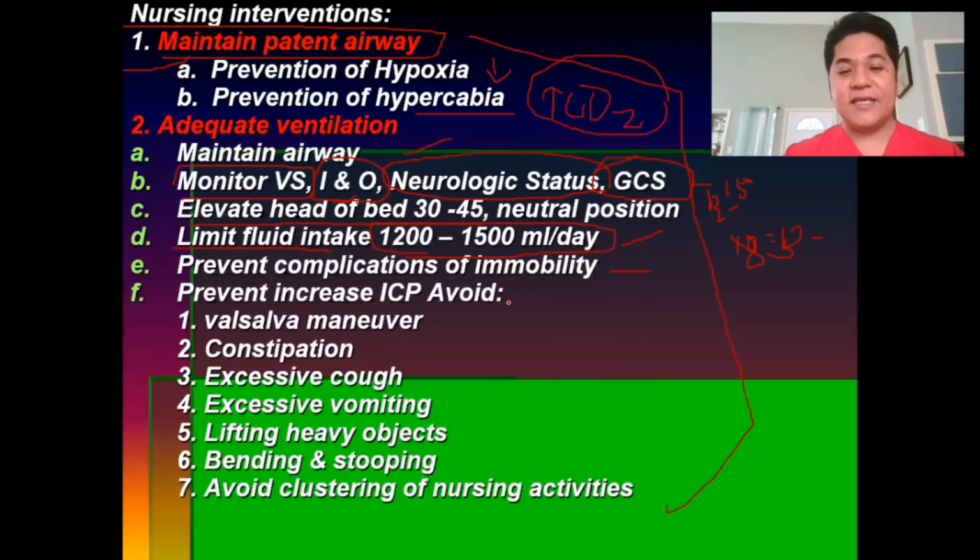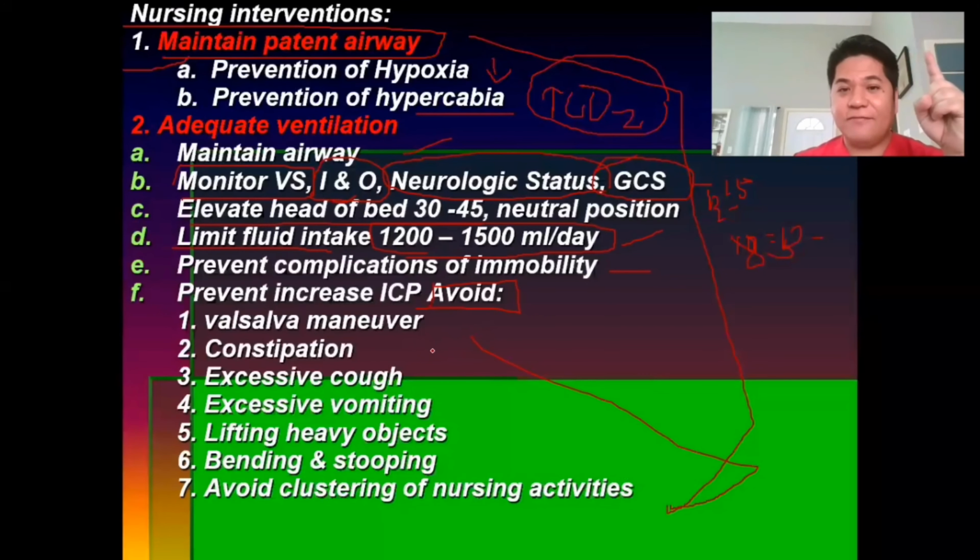Prevent increased ICP, avoid the following activities, okay? Remember, this is also commonly asked. Avoid Valsalva maneuver because it will create more pressure. Avoid constipation because you would have Valsalva maneuver as well, increasing ICP. Avoid excessive coughing. When the client has a trach, suction is necessary, but excessive coughing is not, okay?